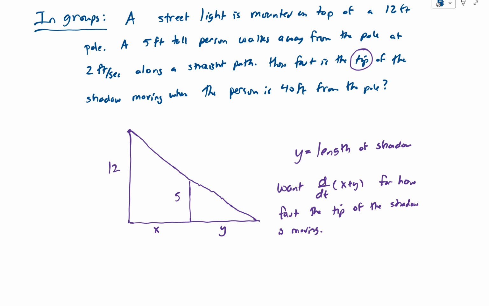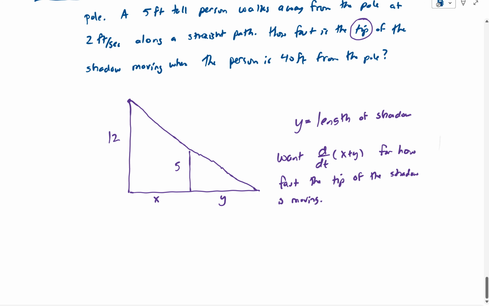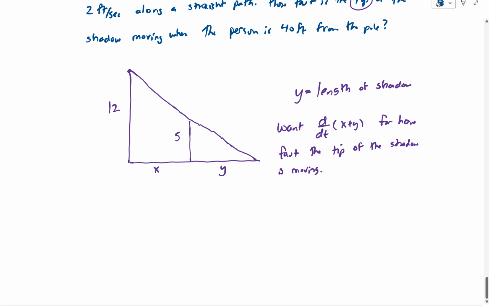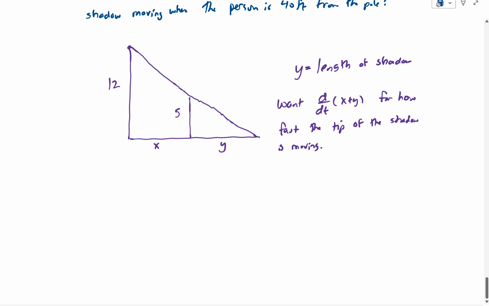Now, if we wanted length of the shadow, we would have wanted dy dt, but that wasn't what we were asked, so be careful there. It's a little confusing. Different textbooks will ask you different ways, so we're just being precise and following the tip of the shadow here. So notice what we know is I know dx dt is equal to 2 feet per second.